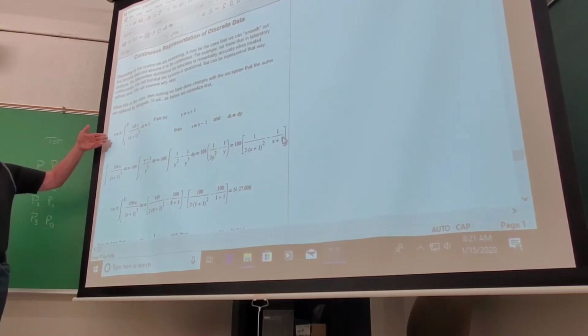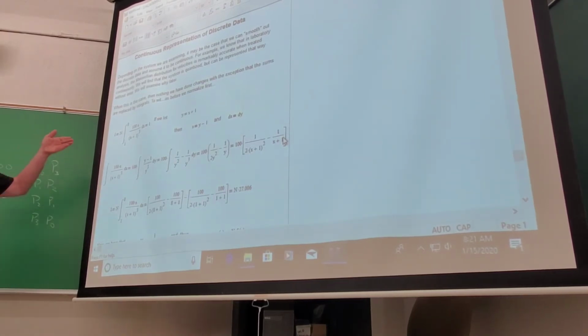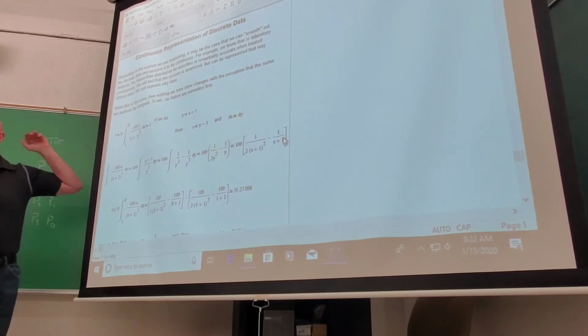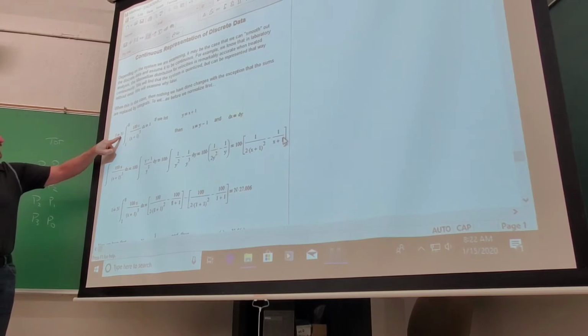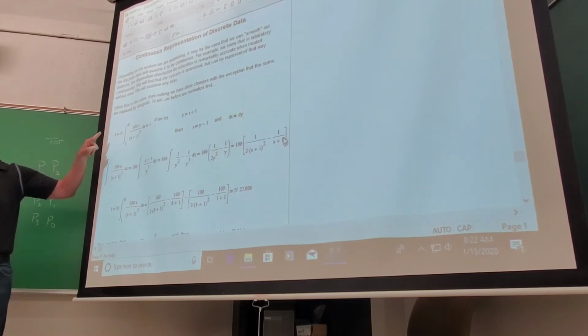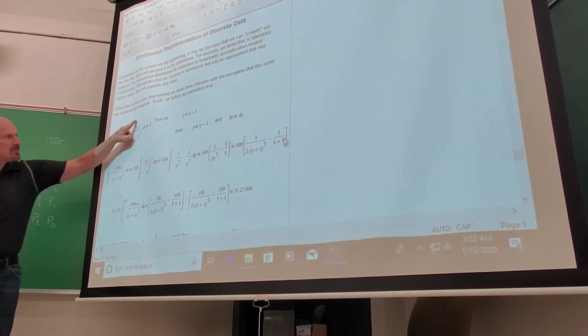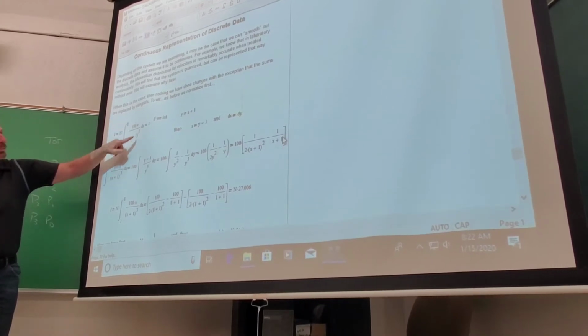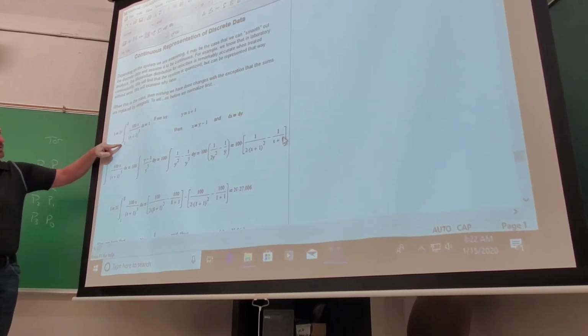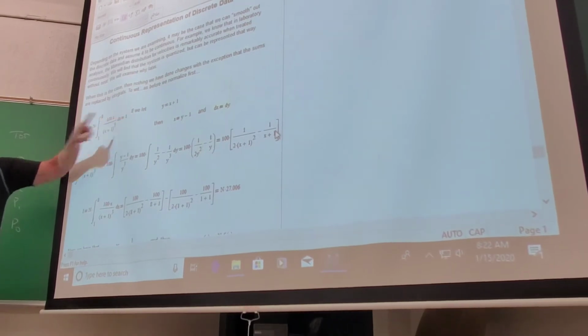Now, when I do my normalization, because all the probabilities still have to add up to 1, the first thing we do when we have a probability is normalize it. So I say N, whatever that constant is, we have to find it. N times this integral, which adds up all the probabilities over all possible states, must be equal to 1.